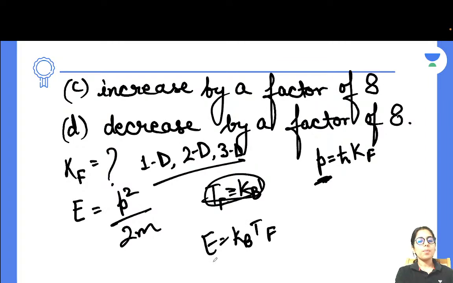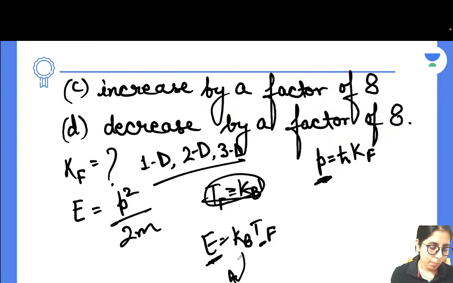So once you know the energy, you can find TF too. That's just divided by KB. So you just have to know the basic relations, and when you know them, just by preparing KF, the radius of the Fermi sphere or the Fermi wave vector, it will be possible for you to write any of the expressions.